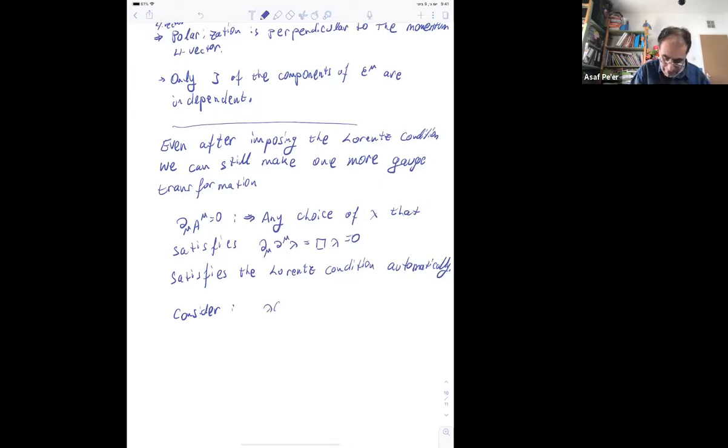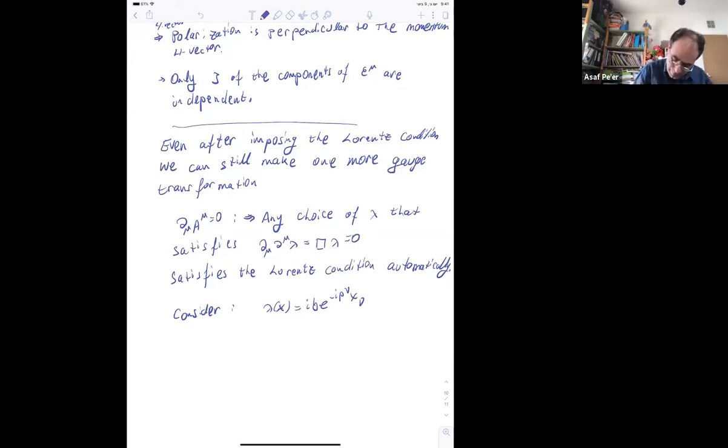Let's say λ(x), it's a scalar function. So it's just i b e^{-i p_ν x^ν}, again a superposition of plane waves. b is some constant.